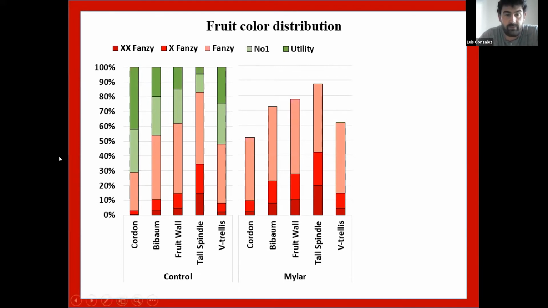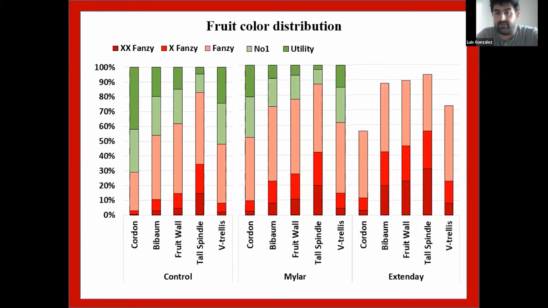For example, V-bound fruit wall, in this case, has 10%, and here we have 20% of the yield with extra fancy color. For the tall spindle, it increases by 10%, here it is near 30%, and here near 40%. When we go to standard, we increase another 10%.